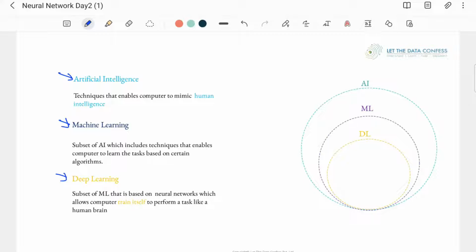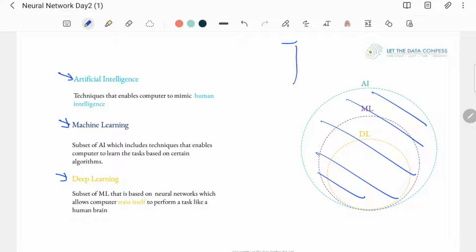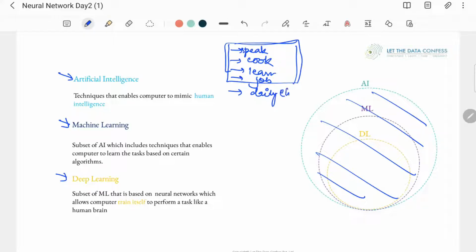When I'm talking about this complete intelligence, then it builds the complete AI. I can speak, I can cook, I can learn things, I can have a job, I can do my daily routine. Lots of things are there. So basically you have trained a robot to do all those things together. This is called AI, just taking a layman example.